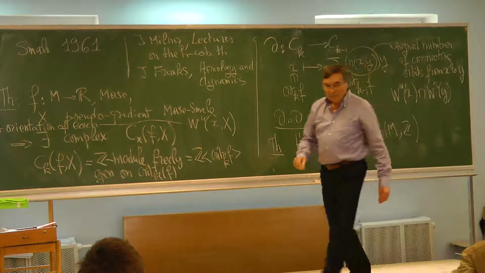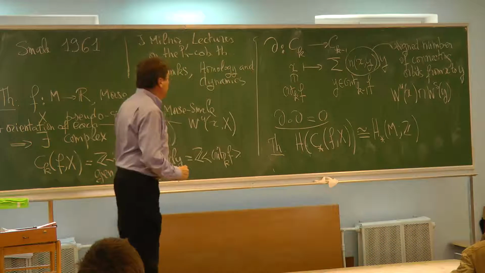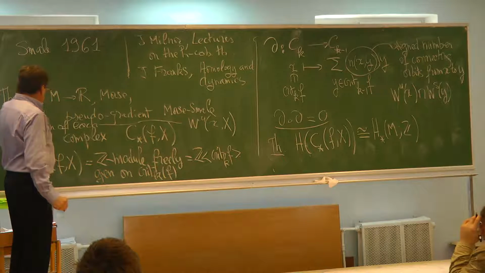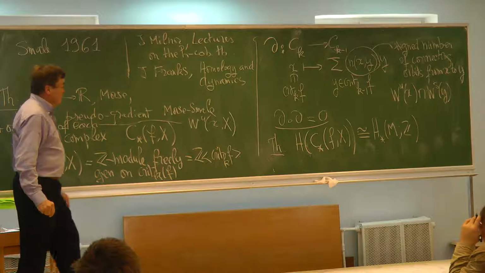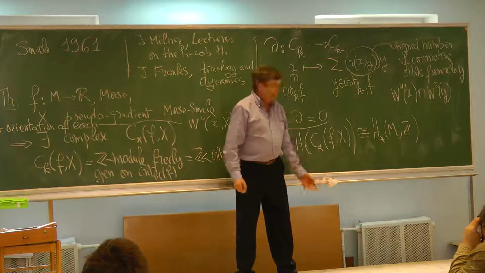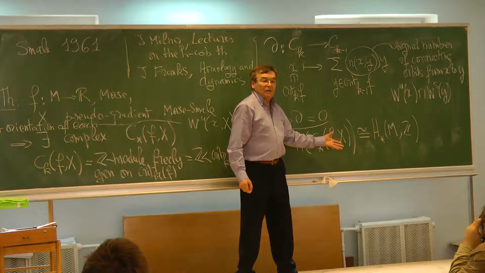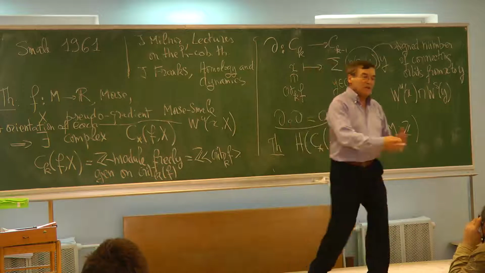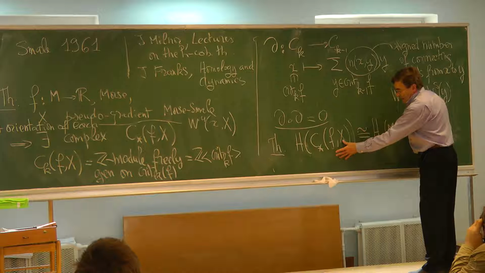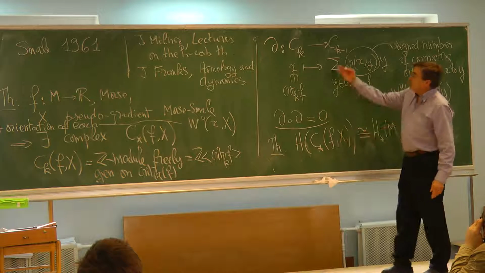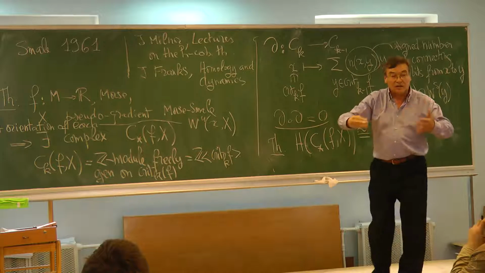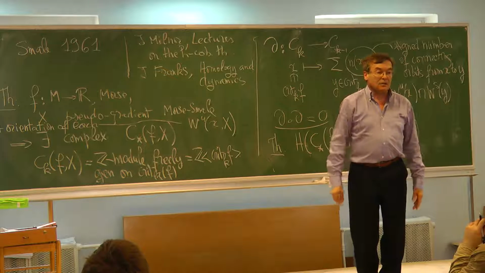M is a manifold, and X is the pseudo gradient. M is fixed, but you can change your function. If you change the function, or the pseudo gradient, you change the Morse complex, but you change it in such a way that the homology is not changing. In fact, you change by a so-called quasi-isomorphism.